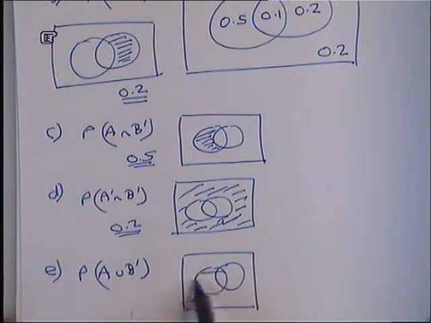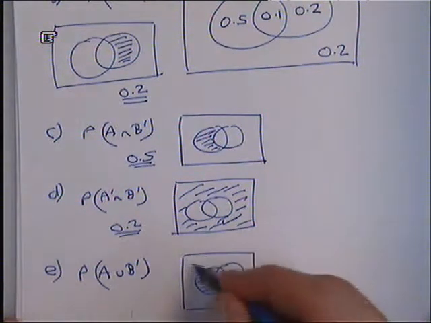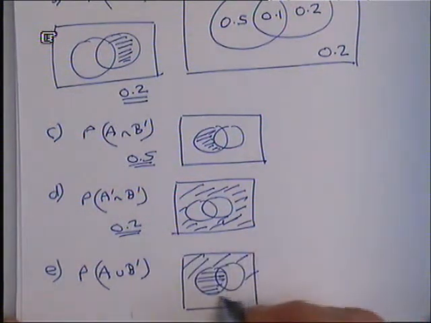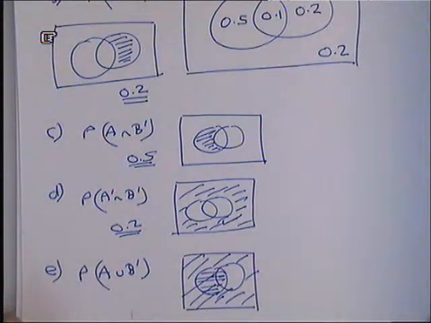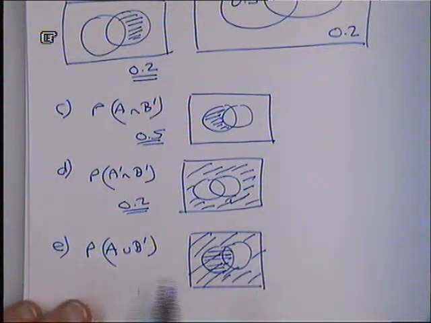A, well that's A. Not B is everything that's not in B. So if I shade not B in, that's not B. And then for the union, anything you've shaded is the answer. So it's everything except that little bit there. So it's not the intersection. Yeah, sorry? It's not the intersection. No, this is a union for part E.